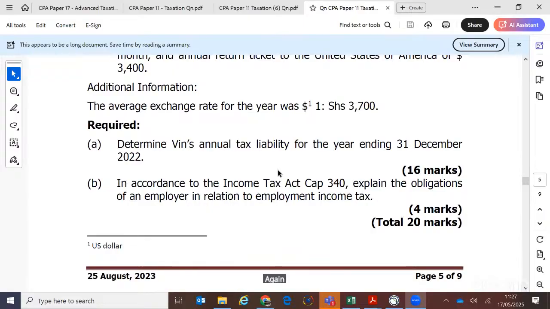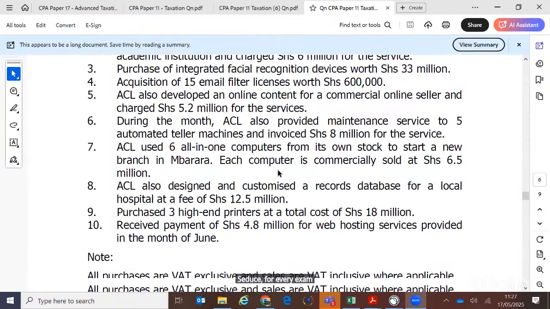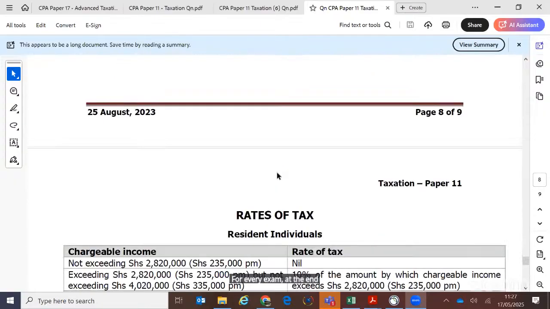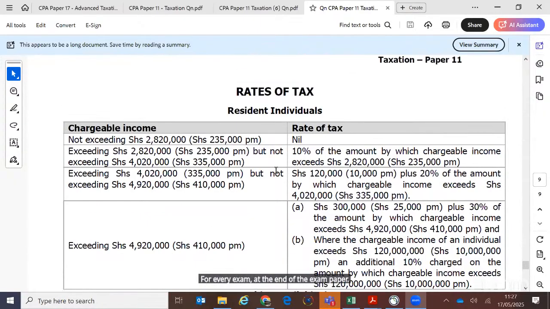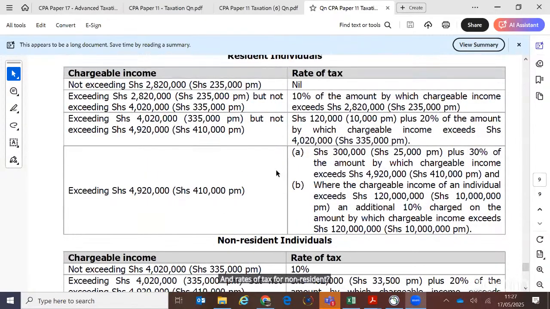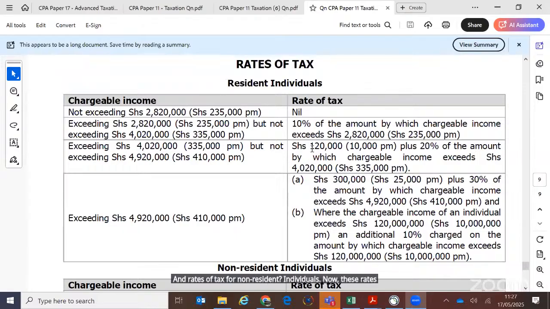Again, when you go to the tax schedules, for every exam, I want you to see this schedule. At the end of the exam paper, you have the rates. You have what you call rates of tax for resident individuals and rates of tax for non-resident individuals. Now, these rates are the ones that we use for individuals, whether it is income tax, partnership, or employment income.